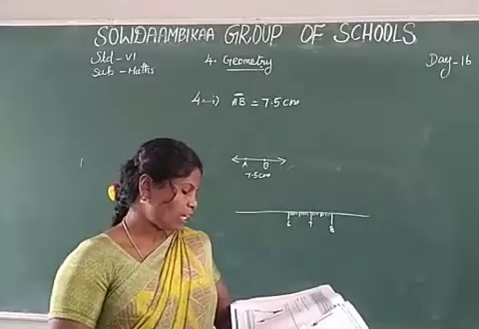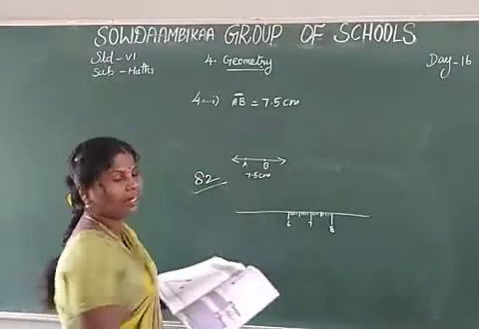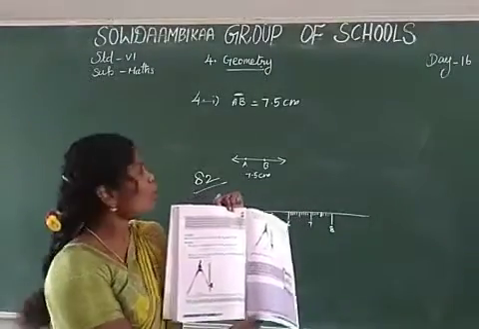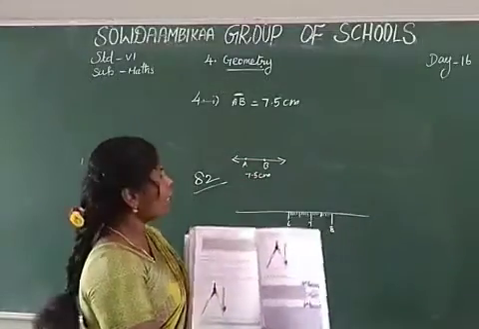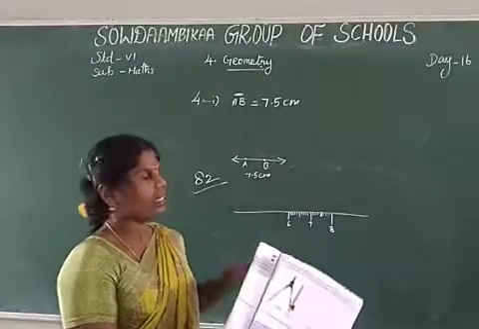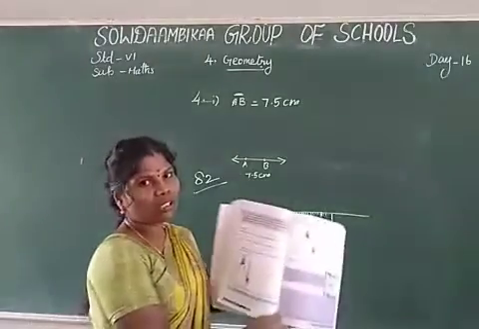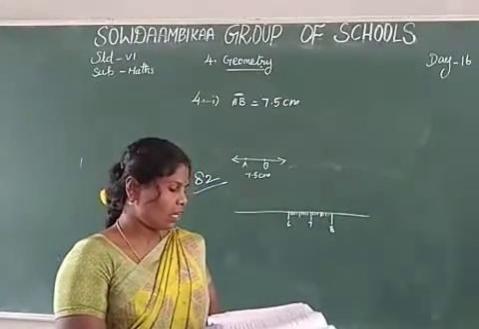For example, take page number 82 and see this picture. This is the type of drawing for line segment AB of 7.5. Otherwise, you can draw by this method; both get the same answer. But do this one, because the question says use the ruler and the compass.